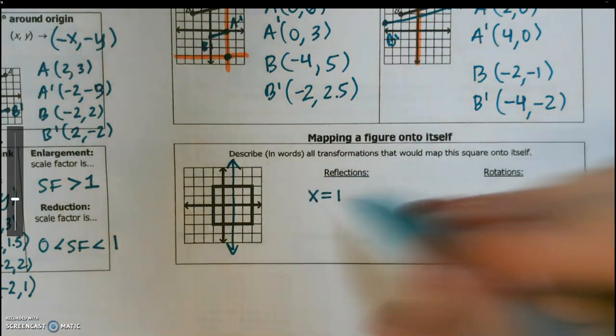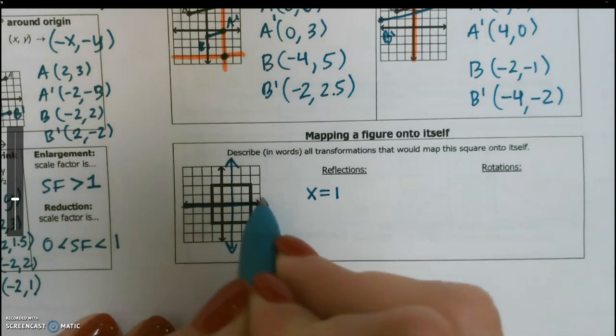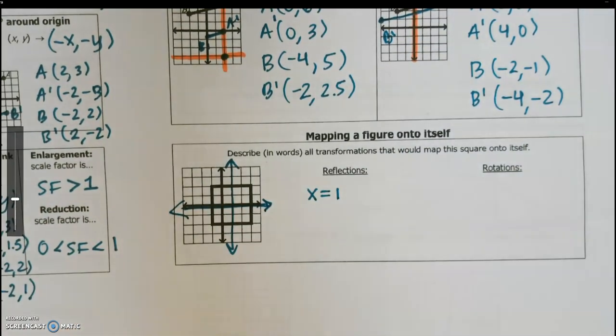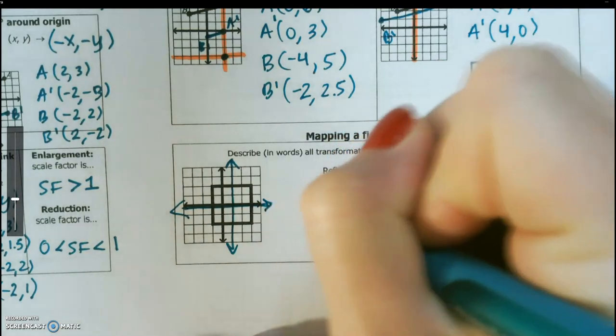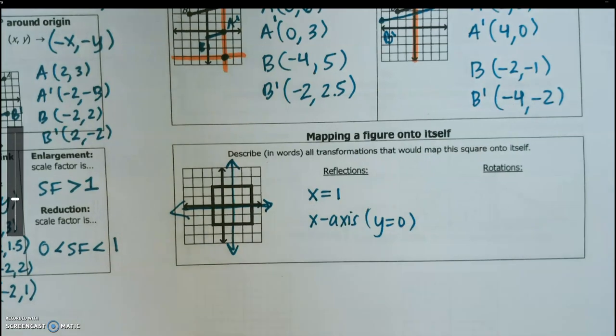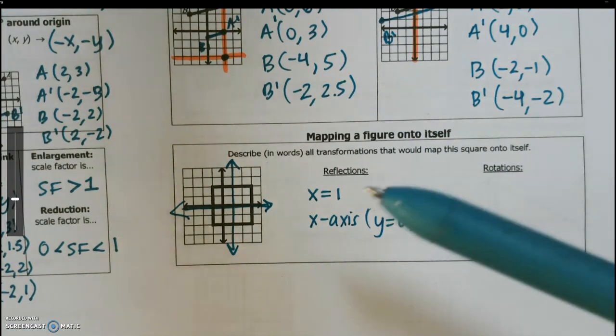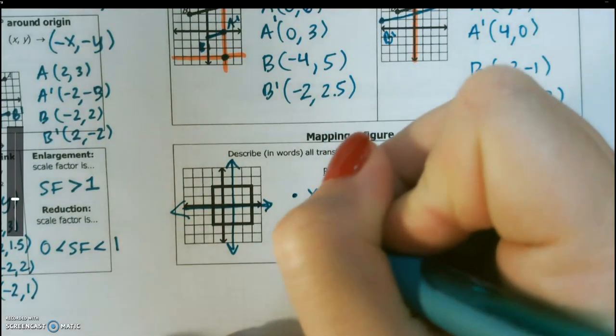Also, a reflection across the x-axis would map it onto itself. The equation for the x-axis is y equals 0. So those lines of reflection would allow it to map onto itself. So we have 2 options.